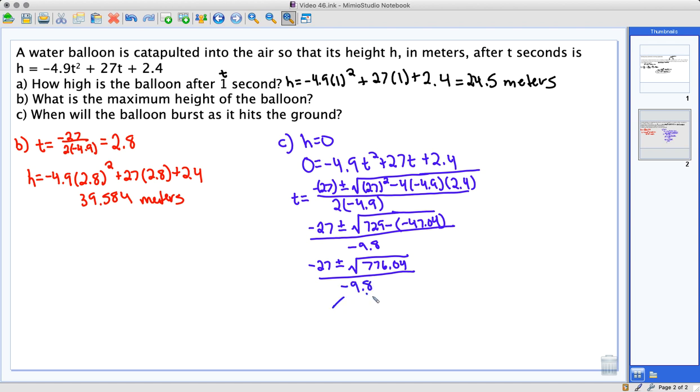Then split it up into your two equations: the positive one and the negative one. Then we're going to type those into our calculators. While I'm doing it in my calculator, you should do it in yours.